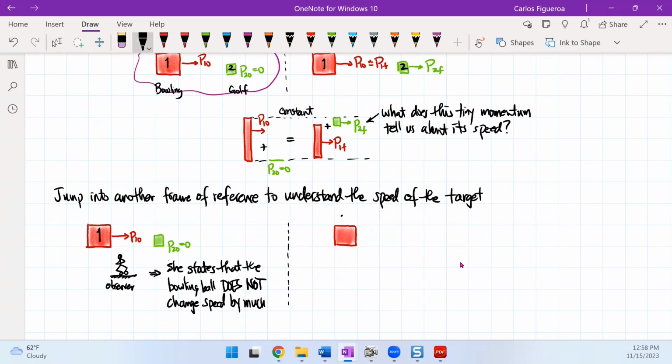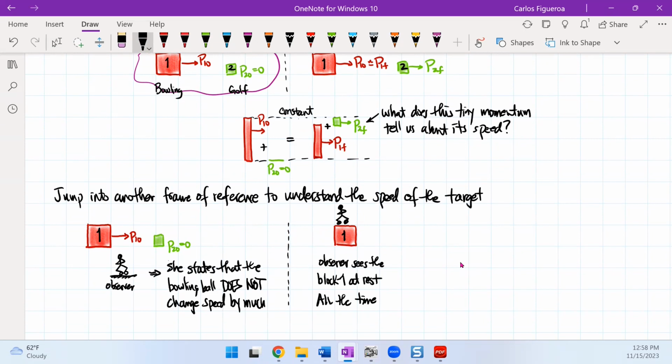So now here's my observer. Note that this observer sees block 1 at rest all the time.